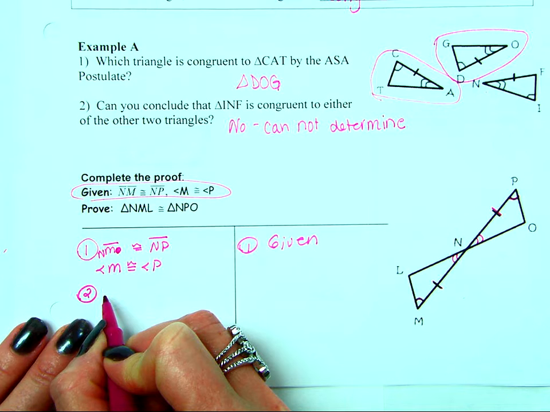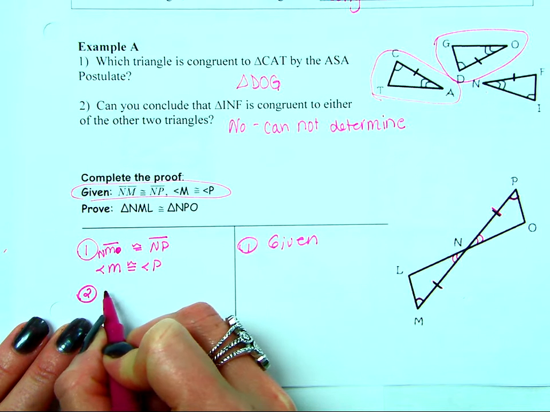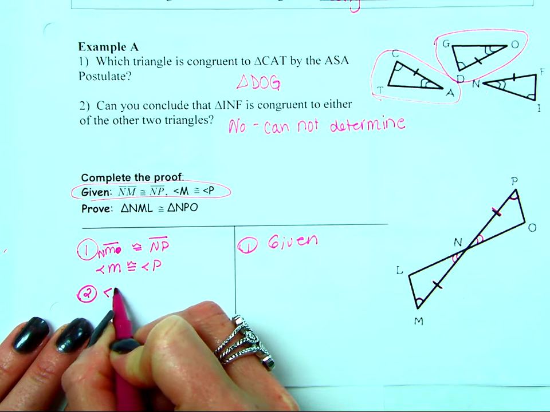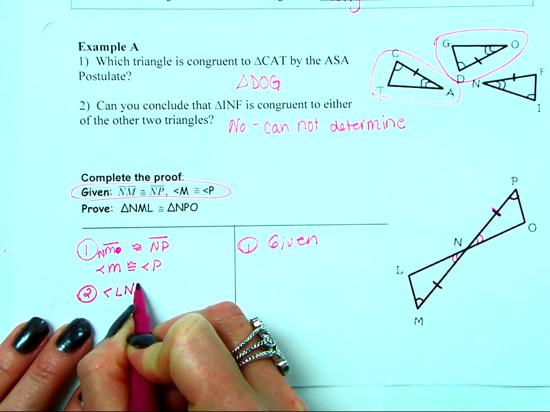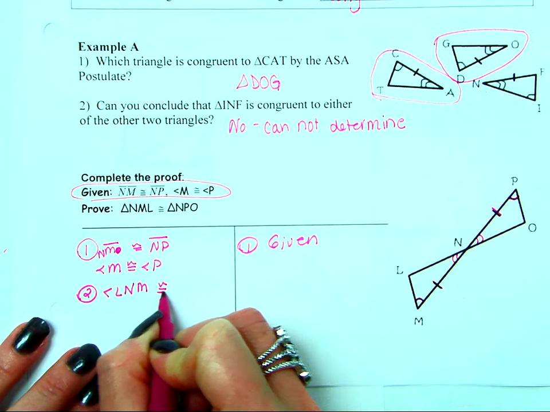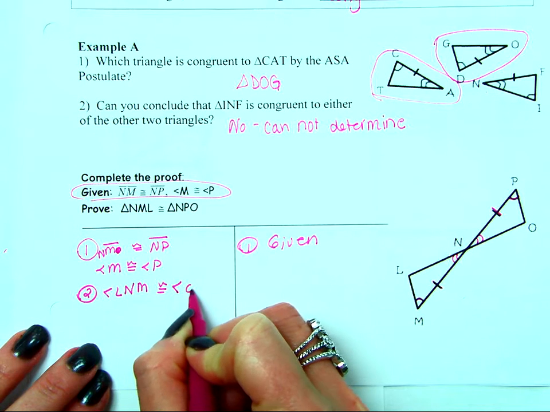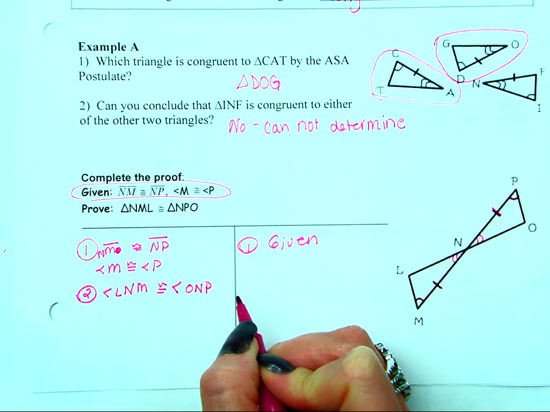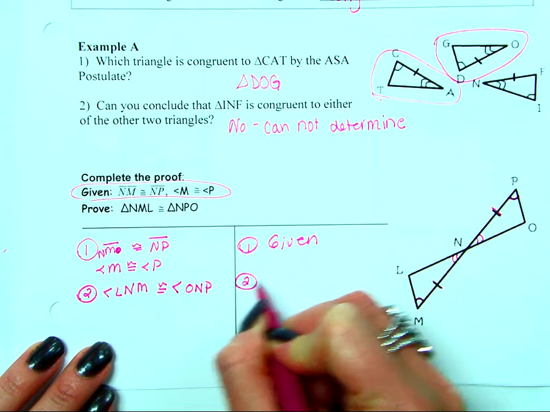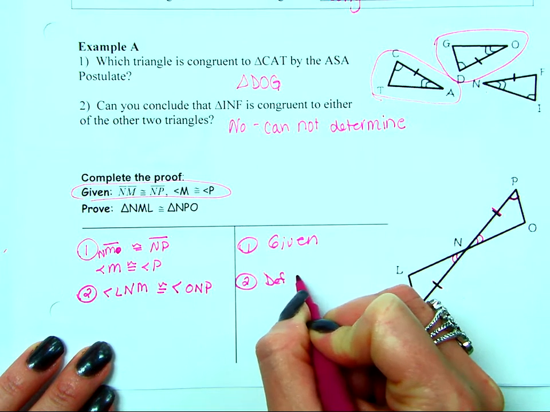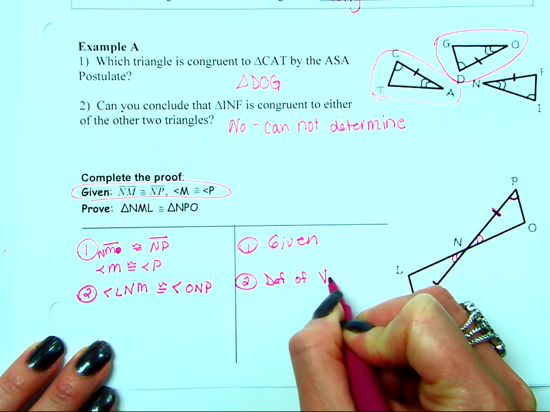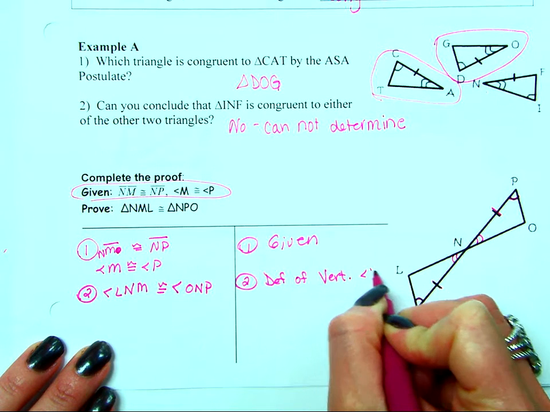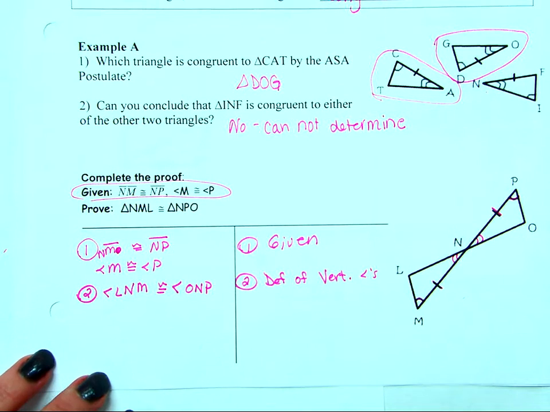I cannot just simply say angle N. So I'm going to say angle LNM is congruent to angle ONP. How do I know they're congruent, or why is that the case? Well, because they are vertical angles. And so we can say definition of vertical angles or just simply the vertical angles theorem.